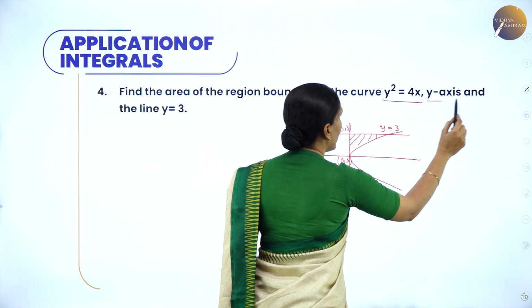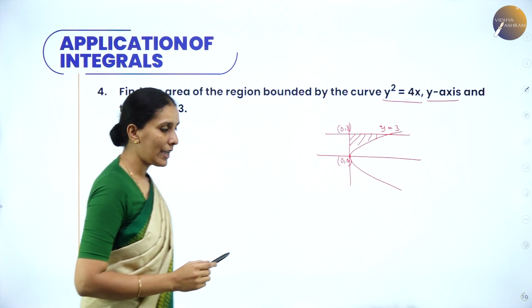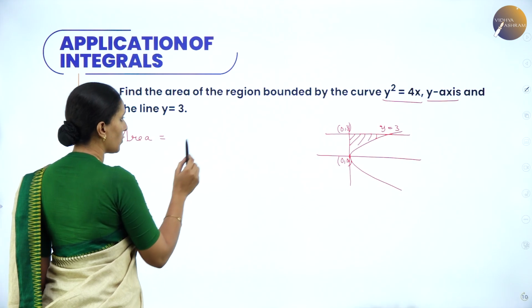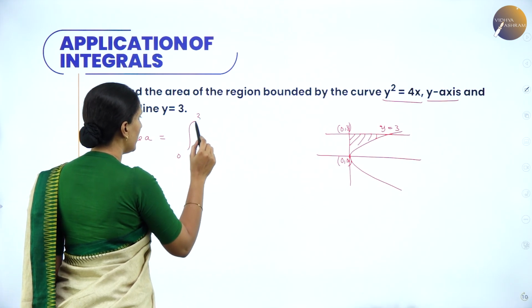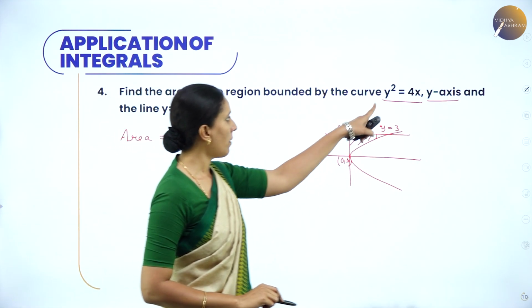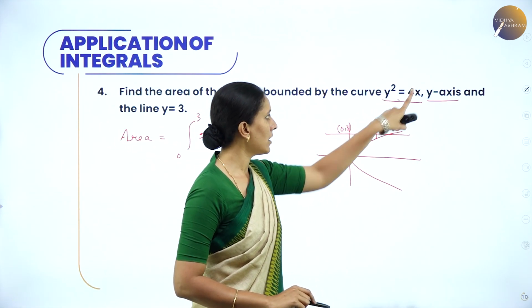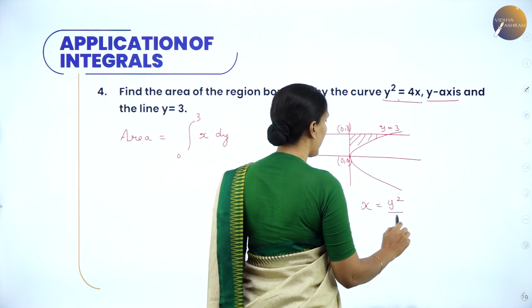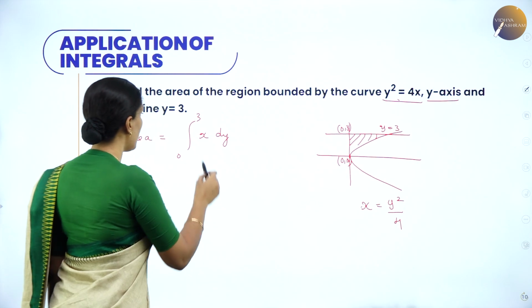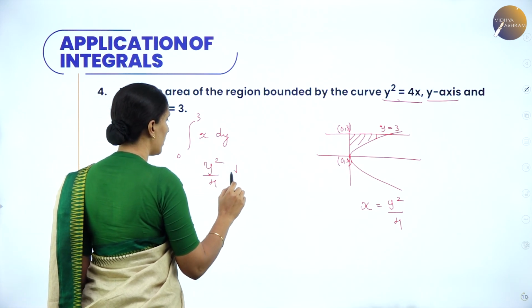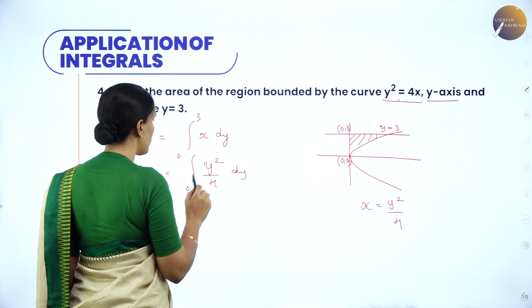Since we are taking the area with respect to the y-axis, the area changes to the integral from 0 to 3 of x dy. Now from the given equation, y square is equal to 4x, x will be equal to y square divided by 4. So if you substitute x here, y square by 4 with respect to dy, limits from 0 to 3.